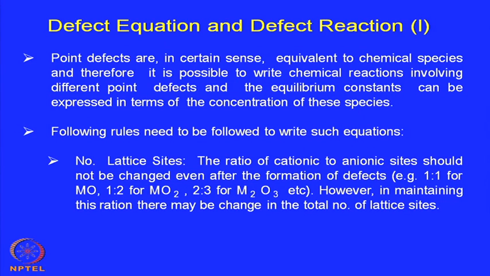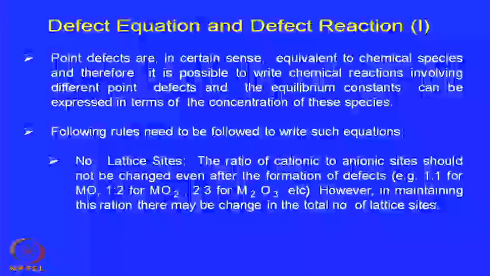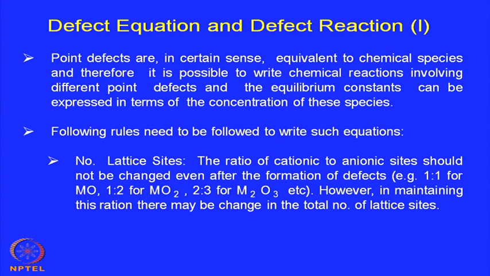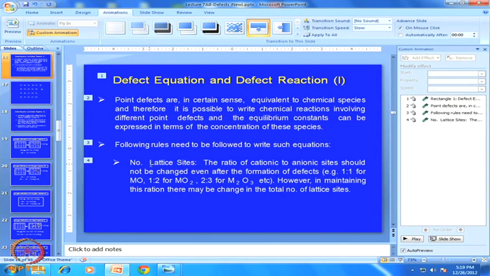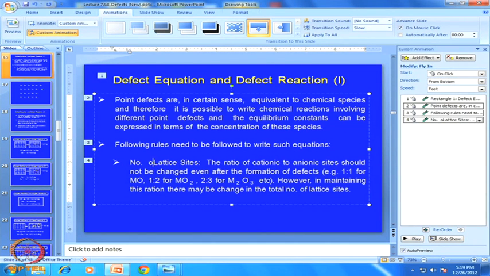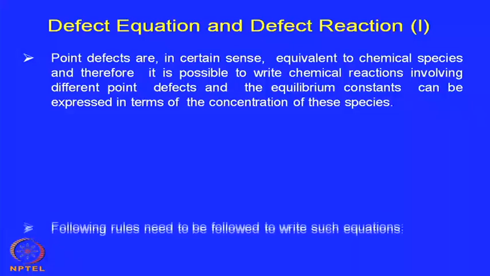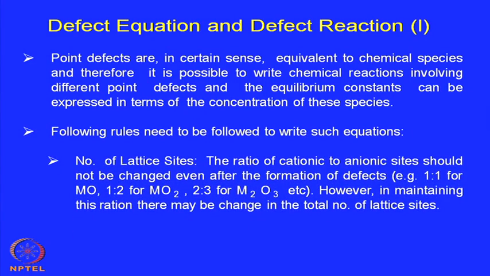Three or four things have to be remembered. First, the number of lattice sites: the ratio of cationic to anionic sites should not be changed even after the formation of defects, for example 1:1, 1:2 or 2:3.